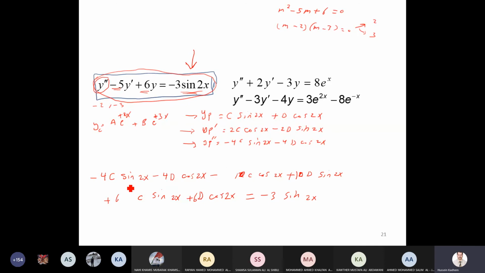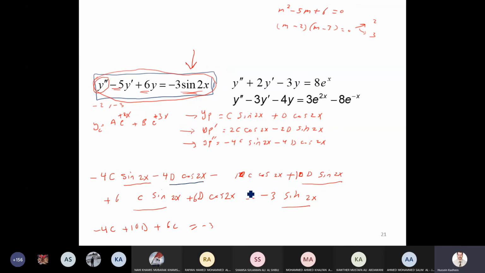Here we have sine, here sine, and here sine. So for sine we have minus 4c plus 10d plus 6c, equal to minus 3. You can see I got an equation.